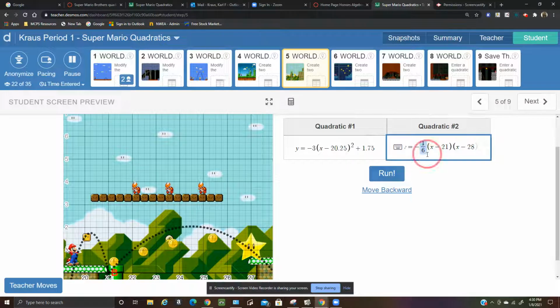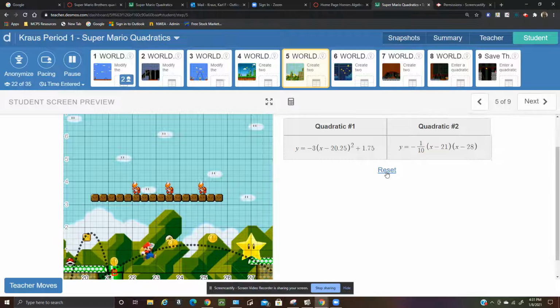So just a width here. That should work. All right, so then when you get this message, move on to the next screen, then you want to hit the next button.